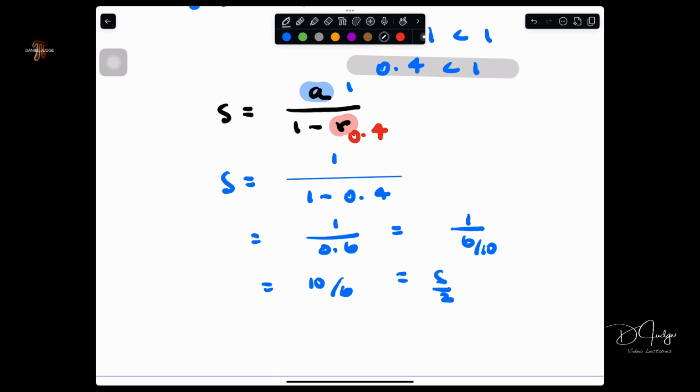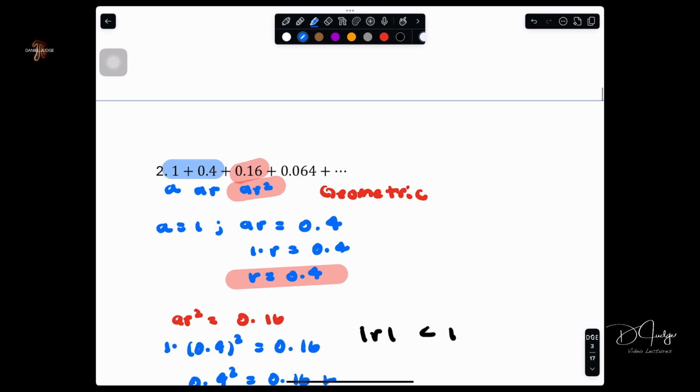So the sum value is 5/2. So this geometric series converges, and the sum is 5/2. All right. Very good.